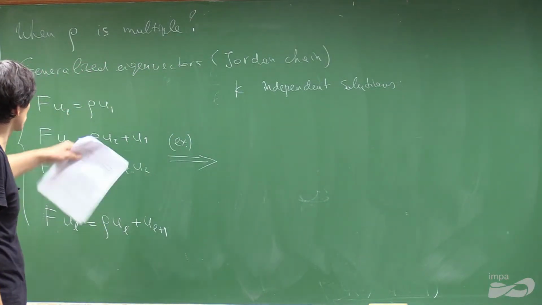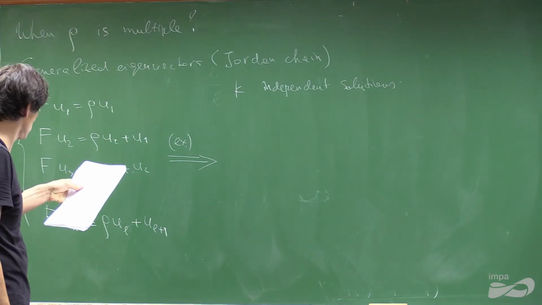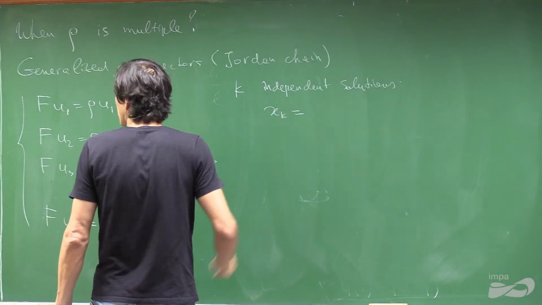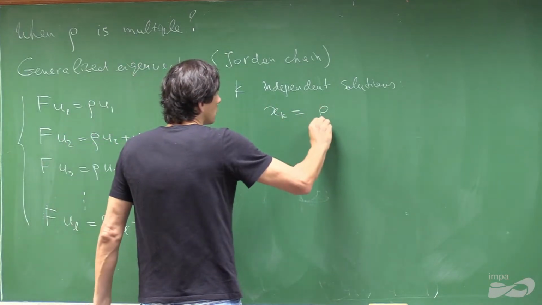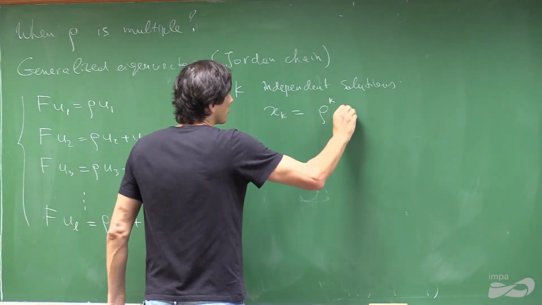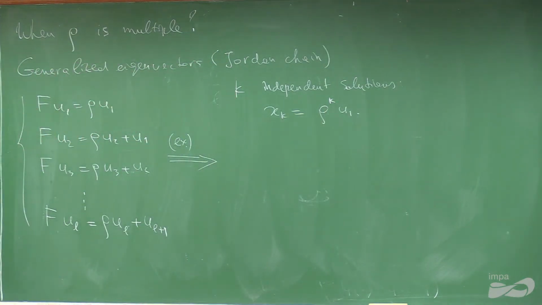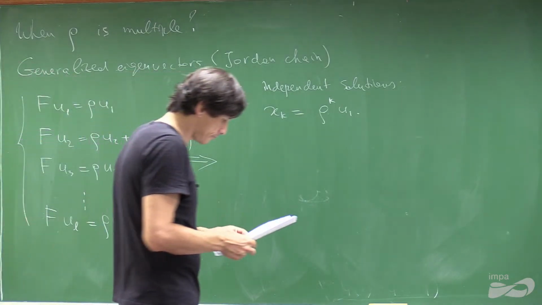The first solution is x_k equal to rho^k u1, which we already checked: the eigenvector times the eigenvalue to the power k.